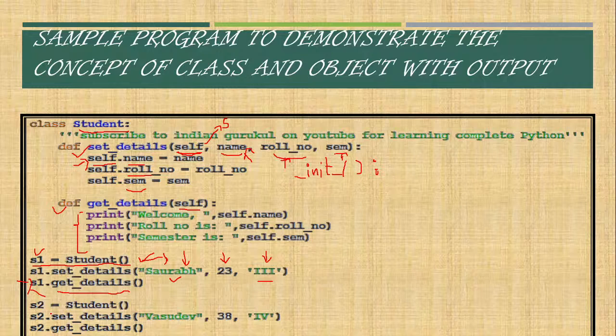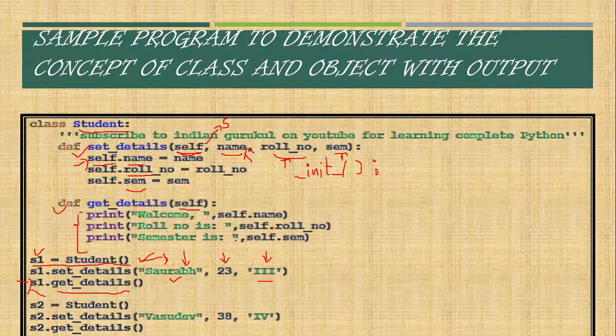Now, when the get_details method is called for the first object s1, the very first thing printed will be welcome, followed by self.name. Self.name was Saurabh, so welcome Saurabh will be written. Then roll number is, self.roll_no, that was 23, so roll number is 23.